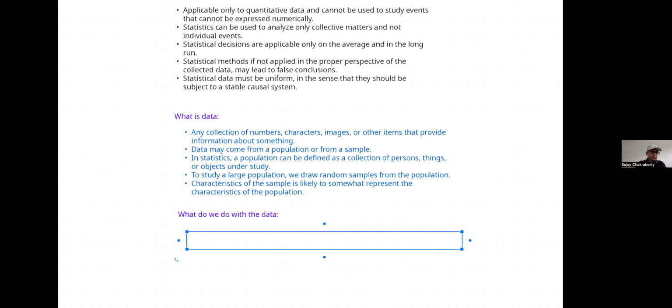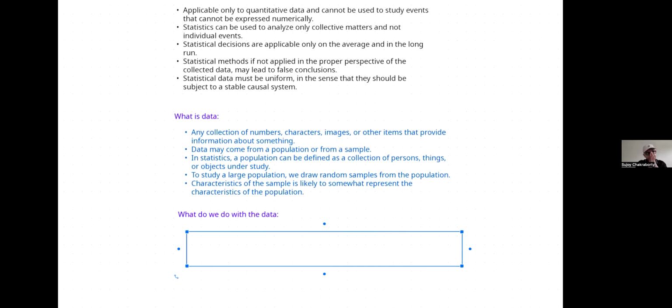And so statistics is the subject of collection, organization, analysis, and interpretation of data.